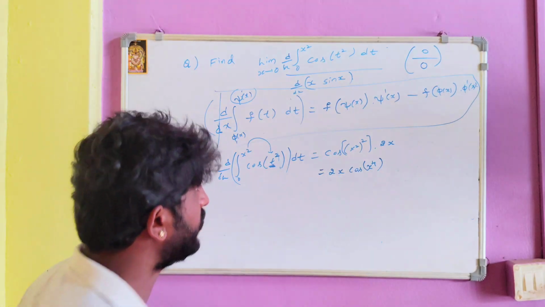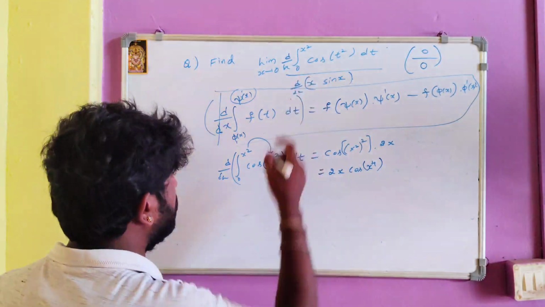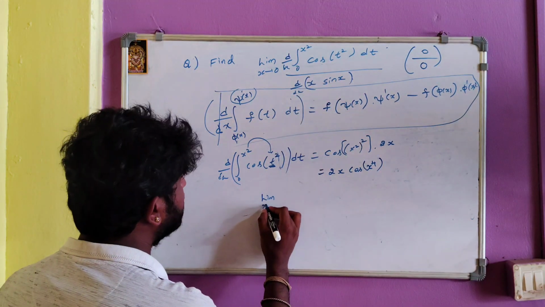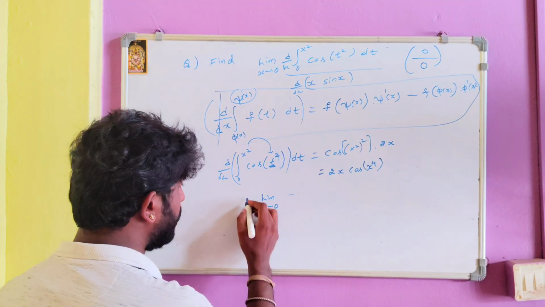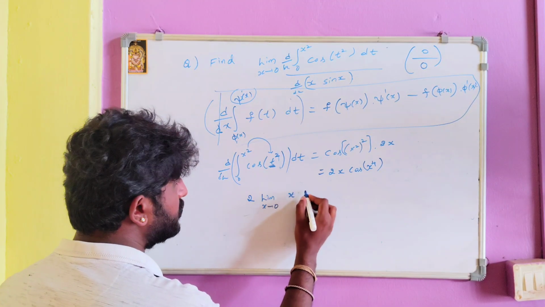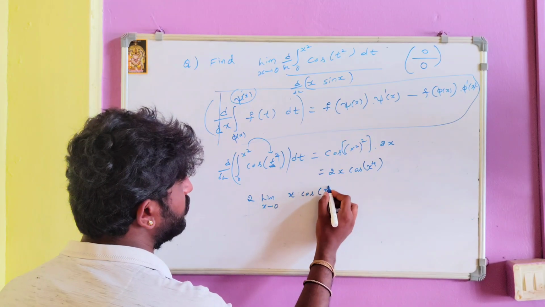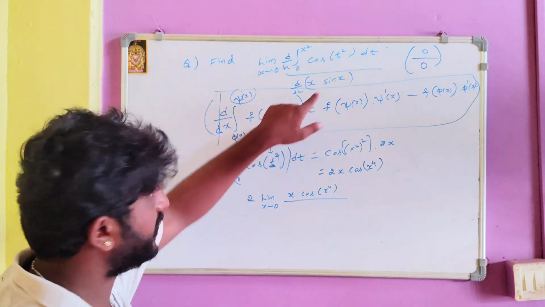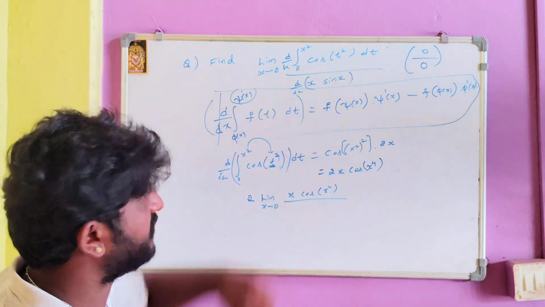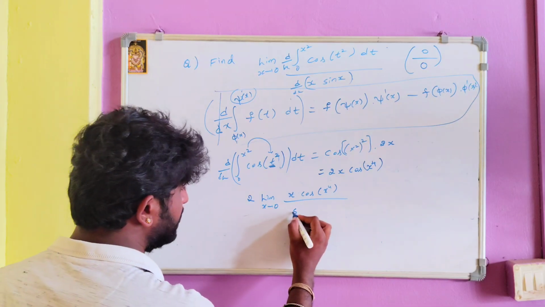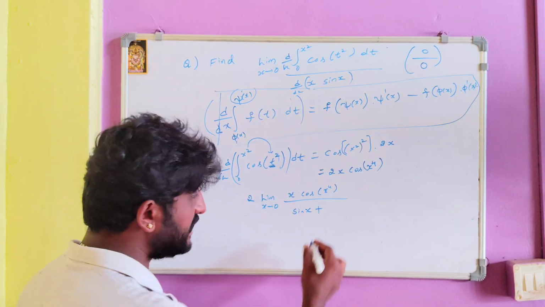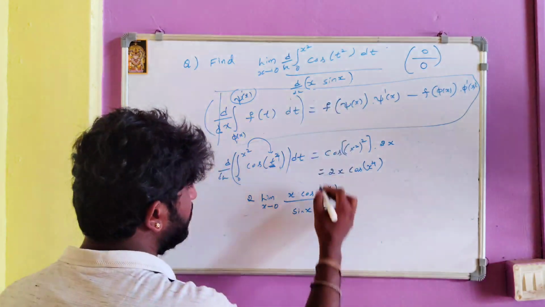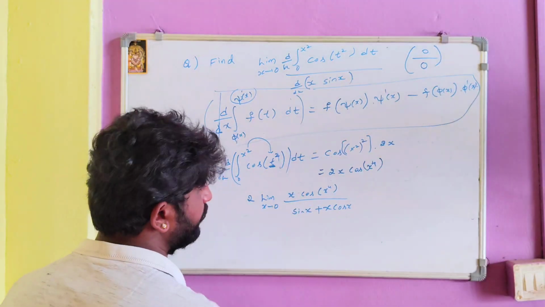Okay, numerator we get like this, and limit x tends to 0, numerator we get 2 is a constant, keep outside, x cos of x raised to power 4, and differentiate the denominator function, x differentiation is 1. Sin x is as it is, plus x is as it is, sin x differentiation cos x.